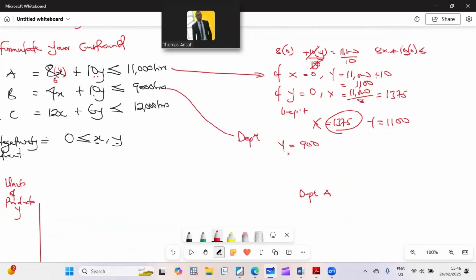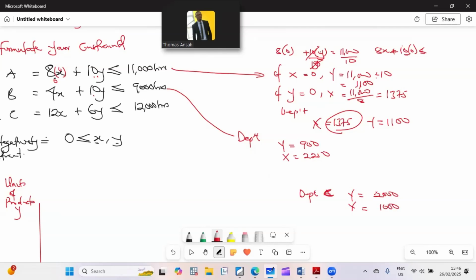So on the X-axis, we have 2,250. I think you now get the vibe. Go to department C. What would it be? If X is equal to 0, it will be 12,000 divided by 6. That gives you a Y-axis of 2,000. Then the X-axis will be 12,000 divided by 12, which is 1,000. So basically that is that.